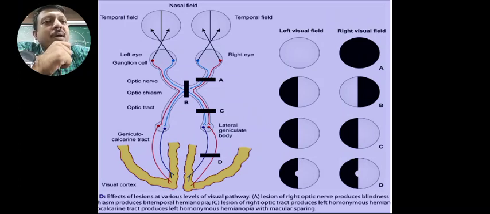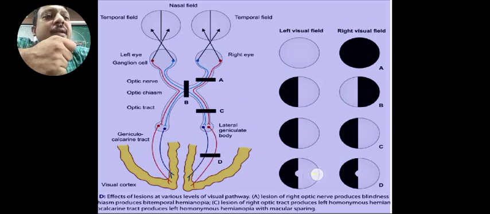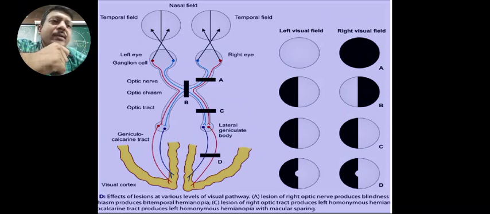Homonymous hemianopia of the left side occurs in case of right optic radiation injury. There will be homonymous hemianopia of the opposite side, that means the left side, with macular sparing. I have told that the macular area has a large representation in the visual cortex.